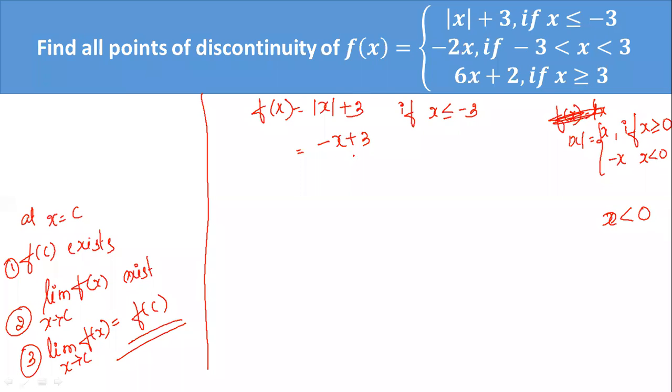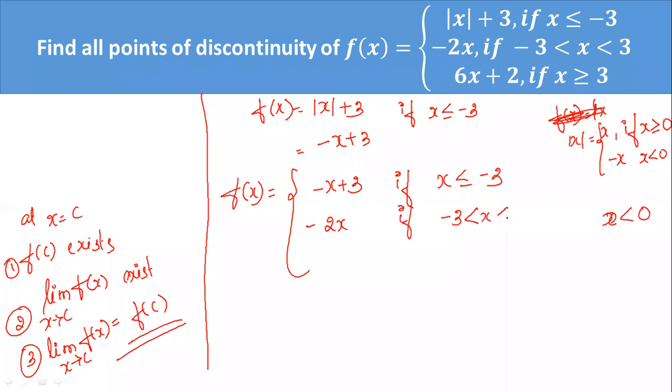Now your definition is modified into f of x is equal to minus x plus 3 if x is less than or equal to minus 3, minus 2x if x lies between minus 3 and 3, and 6x plus 2 if x is greater than or equal to 3. So now your function is modified in this way.